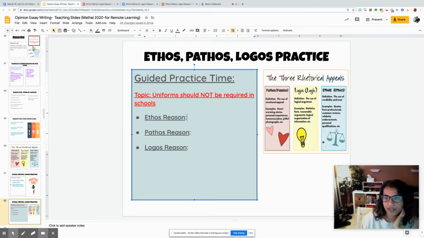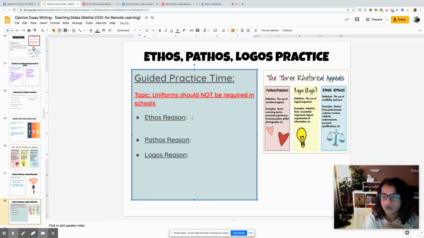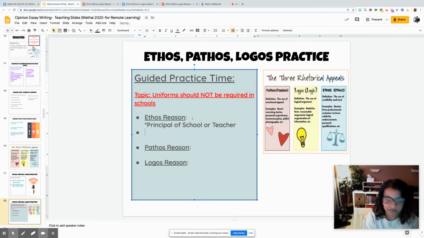I made this organizer right here so you can look right off of it. But ethos is an expert or credibility or trust, a quote from a professional or a customer review or a celebrity endorsement. So if I were to do that for uniforms, someone I would trust is probably a principal. So I would find the principal of a school and get a quote from them, or maybe even a teacher who's been teaching for a really long time.